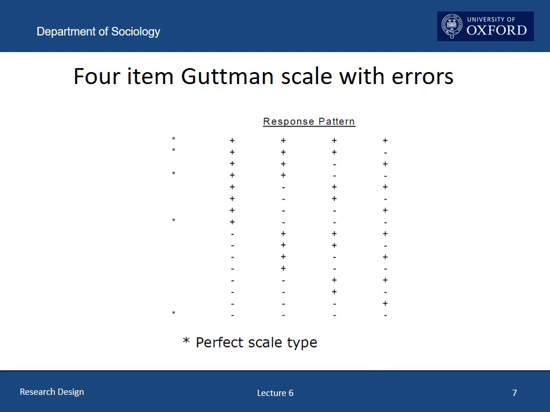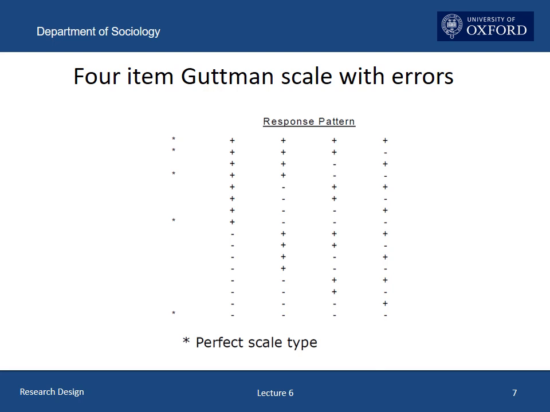Agreement with an item is indicated by a plus sign, and disagreement with a minus sign. Though the responses of some of the subjects correspond to the perfect scale types, for example the first and second rows, there are many that do not.